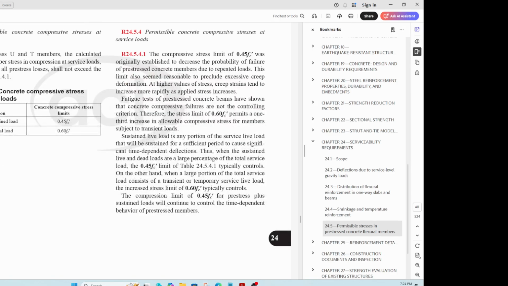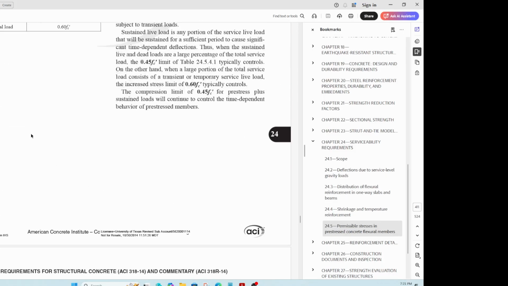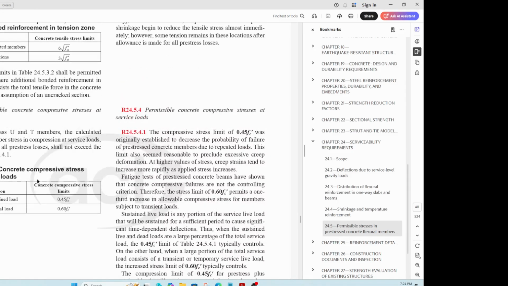Moving on to the next section, we'll go to the tension side now. Okay, so we covered the compressive stress.